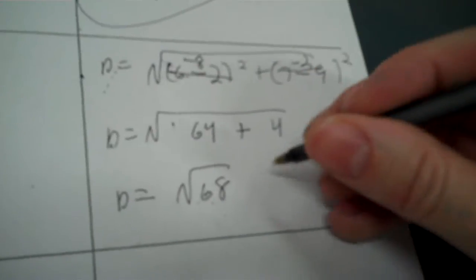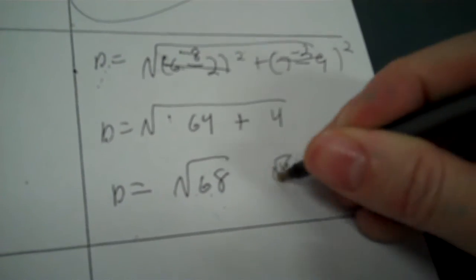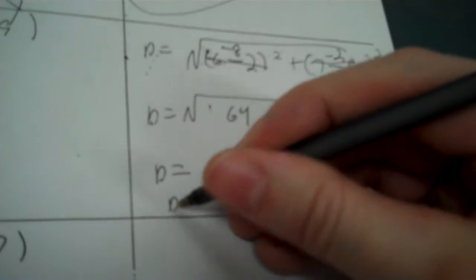By 25, nope. By 16, nope. By 9, nope. Yeah, there are 4 and 17. So 4, 17, so that would be 2 square root 17.